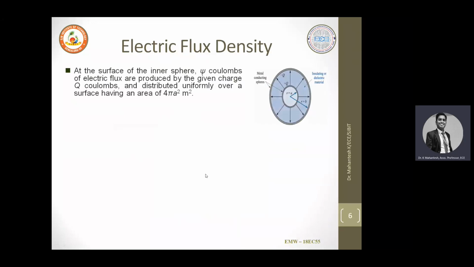At the surface of the inner sphere, psi coulombs of electric flux are produced by the given charge Q coulombs, and distributed uniformly over a surface having an area of 4 pi a squared.